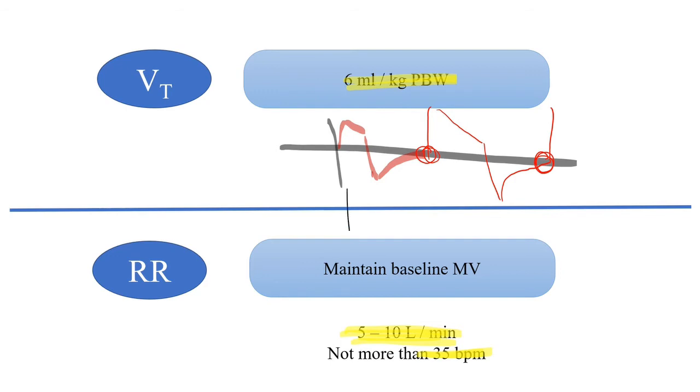But if, when you increase the rate, you observe that flow has started to be present during expiration, you should decrease the rate at this point. This means that you started to have some auto PEEP.